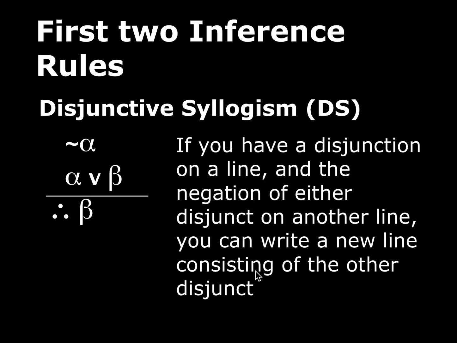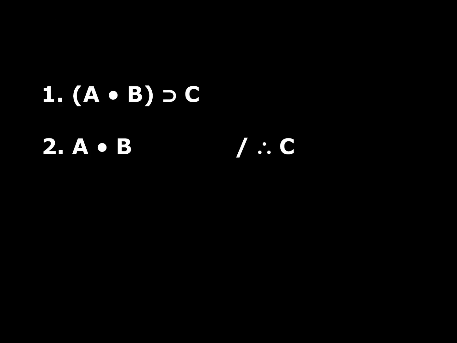Again, if you look at the verbal description, it just says, if you have a disjunction on a line and the negation of either disjunct on another line, it leaves it open as to which one is above the other one. It doesn't matter. They just have to be up there somewhere. So we could also have written it this way. I have a disjunction, I have the negation of the first disjunct, I could derive the second. Okay, so with these two rules, modus ponens and disjunctive syllogism, let's do some examples.